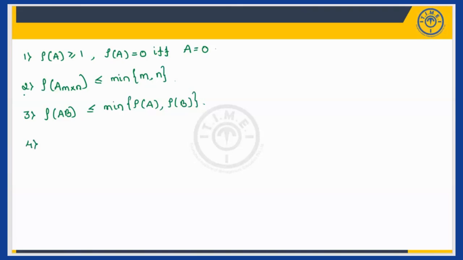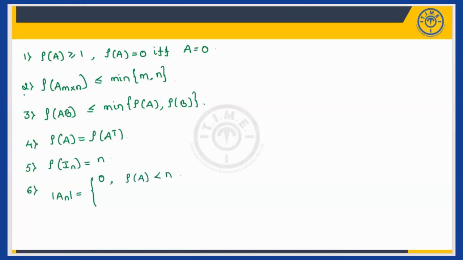And rank of A is always equal to rank of A transpose. So A and A transpose always have the same rank. And rank of I_n is n. And the most important one: if A is a square matrix of order n, and if det A is equal to 0, then rank is strictly less than n.